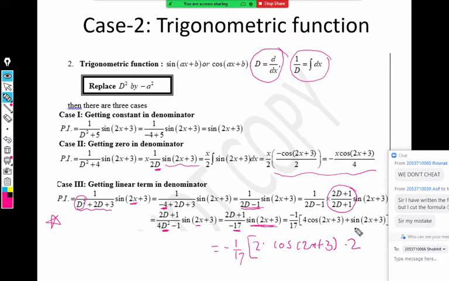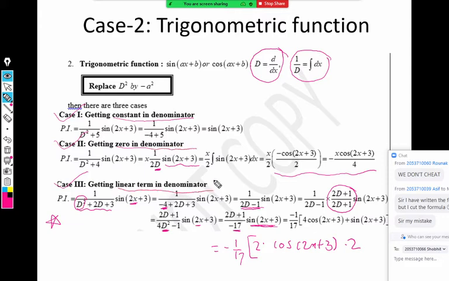Remember, if you understood this slide, case 1, case 2 and case 3, you can solve any example of a trigonometric function, because whenever we replace D square by minus a square, either we get a constant in the denominator, or we get 0 in the denominator, or we get a linear term in the denominator.